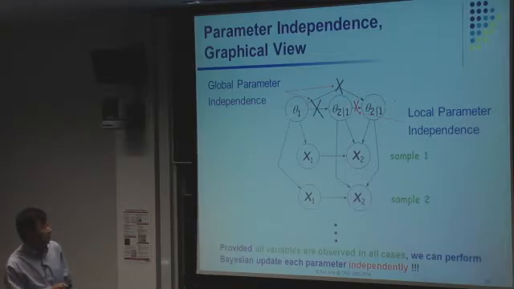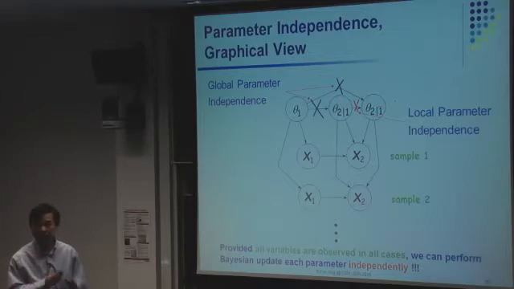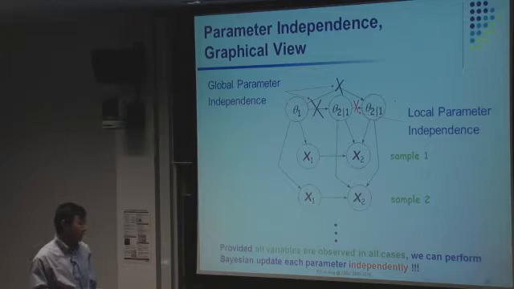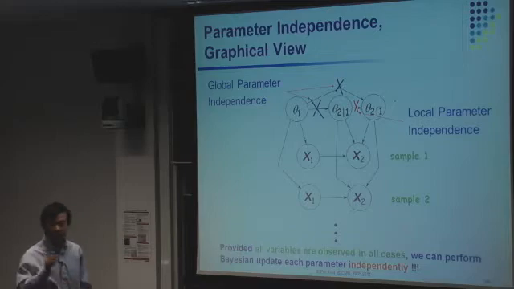And then for parameters for two different configurations of the parents, for example, here x1 is the parent of x2, they can have one or one complement, then these two parameters should also be independent of each other. That basically guarantees global and local independencies. Then you have the factorization rule carrying through. That's the first thing I want you to remember for global graphical model parameter estimation.